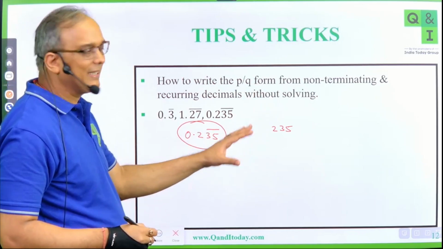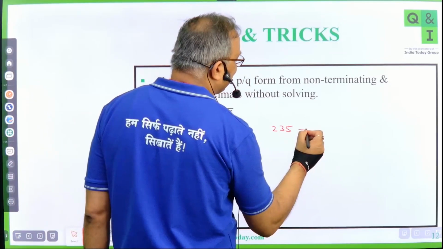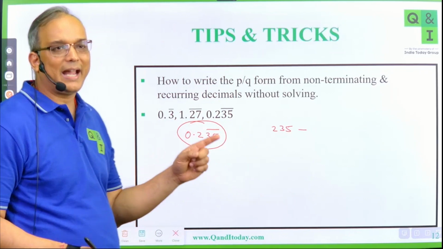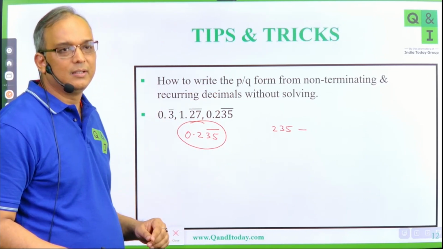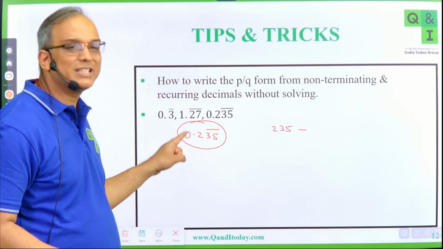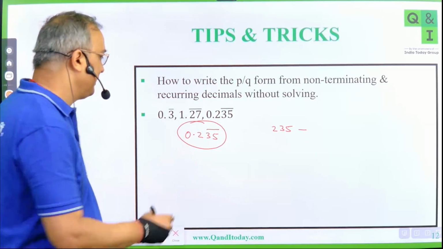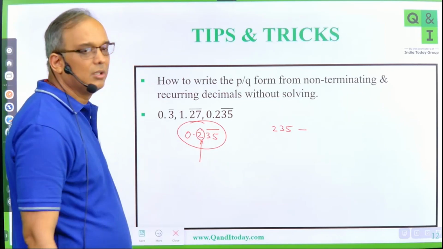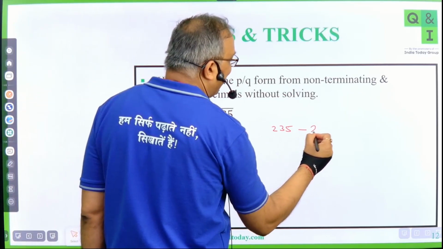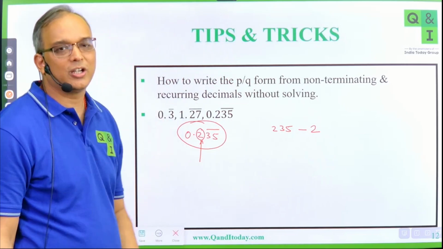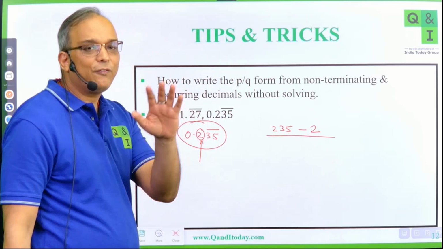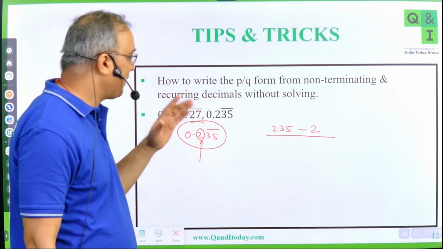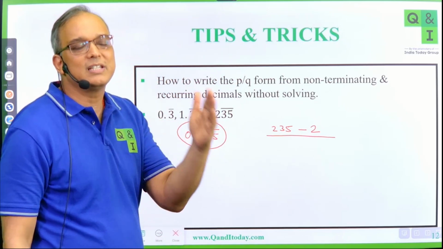So once you have written that number, subtract from it the number which is not repeating. So which number is not repeating? 2 is not repeating, right? There is only one digit which is not repeating, 2. So I will subtract that from this, the number which is not repeating, divided by number of nines, as the number of digits repeating.